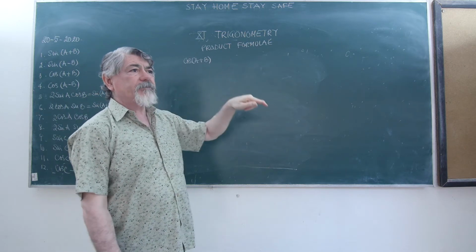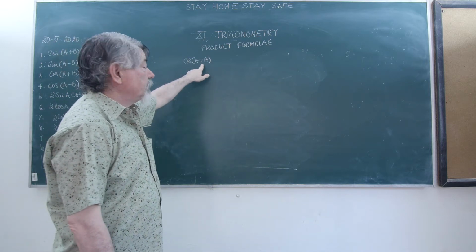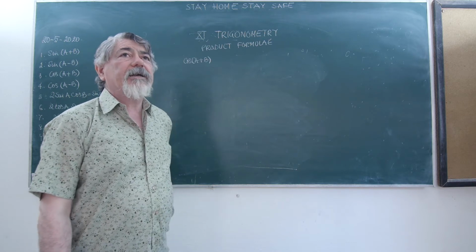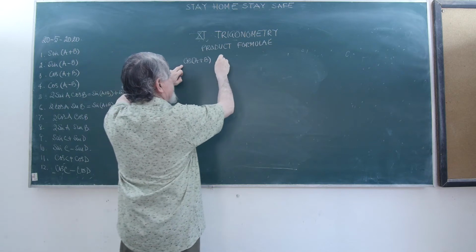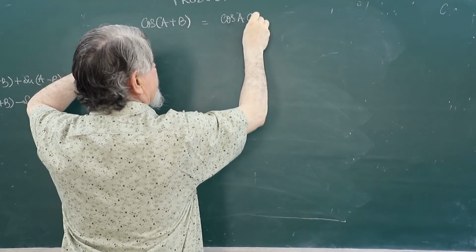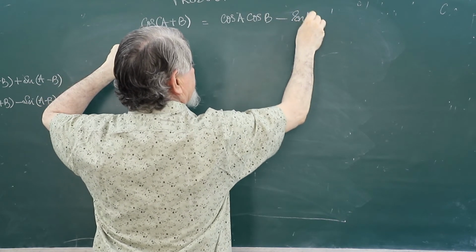If it is A minus B, then there will be minus. But here, for cos A plus B or cos A minus B, it will become cos A cos B, sin A sin B. Like cos A plus B is cos A cos B minus sin A sin B.